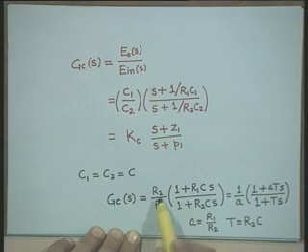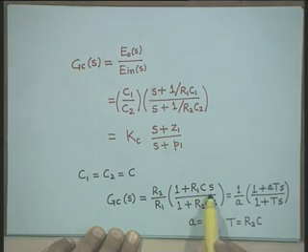Finally, it is written as R2/R1 times (1 + R1 C s)/(1 + R2 C s).